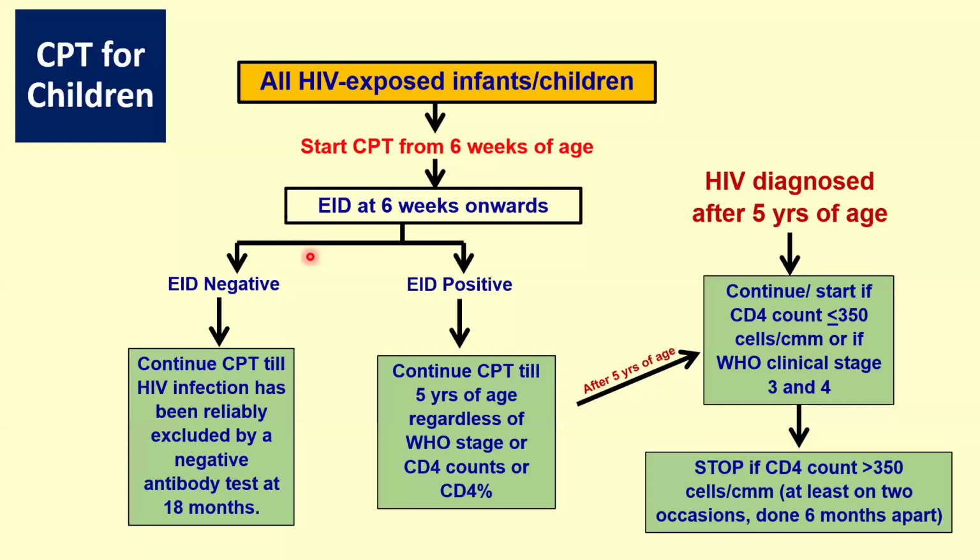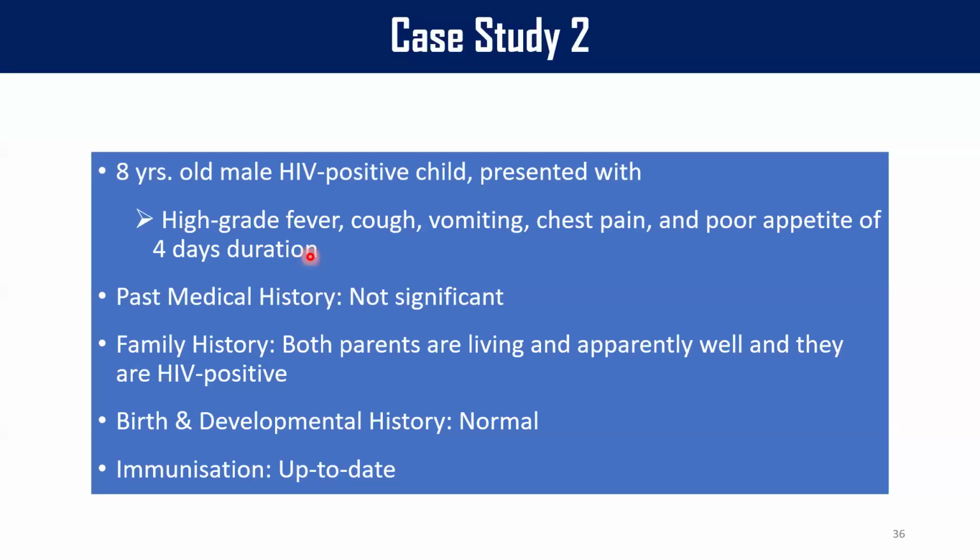If CD4 count is less than 350 or clinical stage is 3 or 4, you continue CPT prophylaxis till such time when your CD4 is more than 350 on 2 occasions and your clinical staging has come down to stage 1 or 2. So this is your cotrimoxazole prophylaxis in a nutshell.